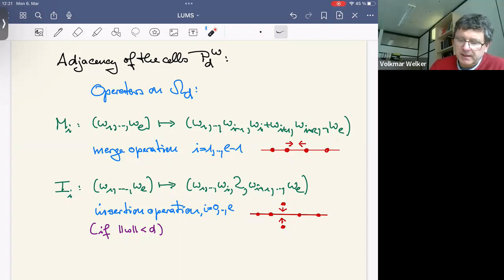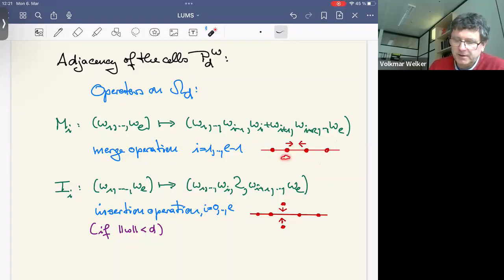And what it means is that inside your cell corresponding to these root multiplicities, your roots that come with multiplicity omega i and omega i plus 1 are distinct. Namely, the root with multiplicity omega i is smaller than the root with multiplicity omega i plus 1.